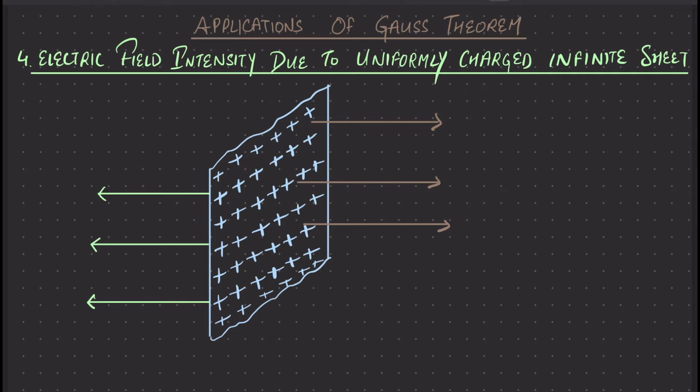Now we will consider a Gaussian surface, but the best Gaussian surface which we can consider over here is a cylinder. So let me consider a cylinder of radius r.